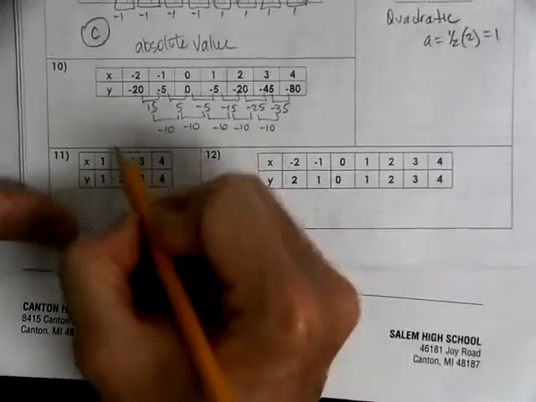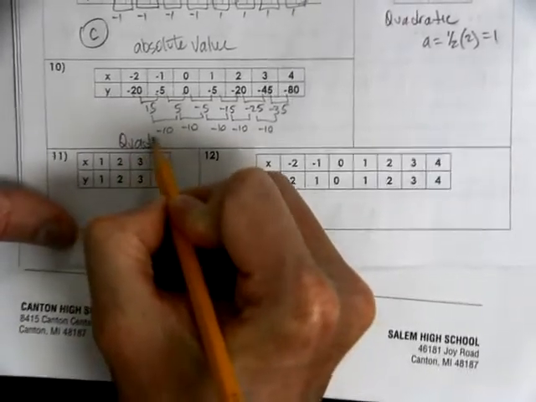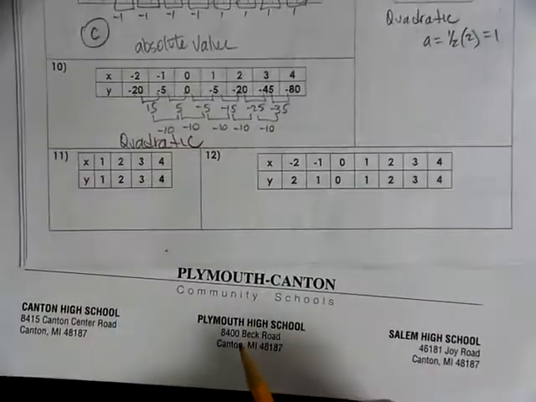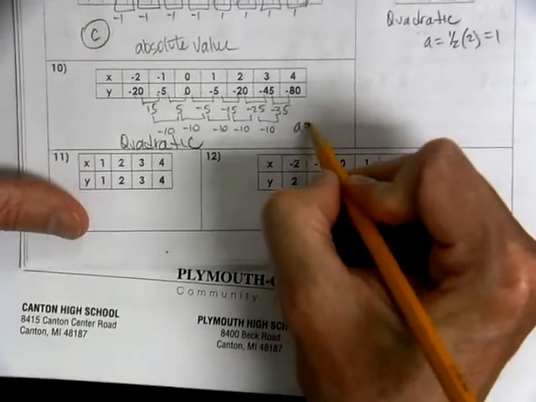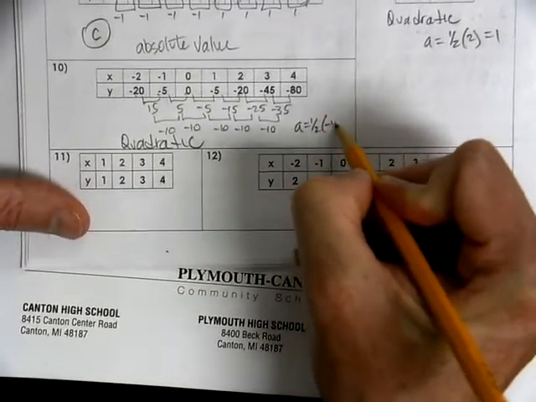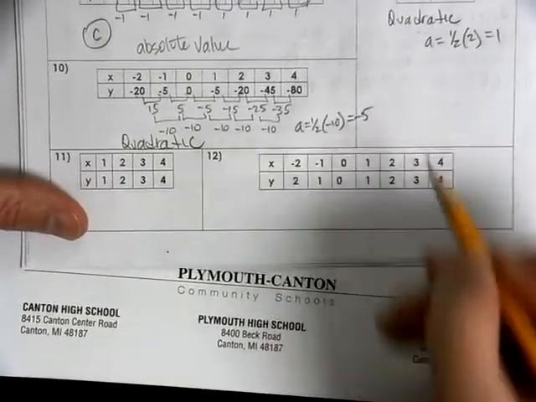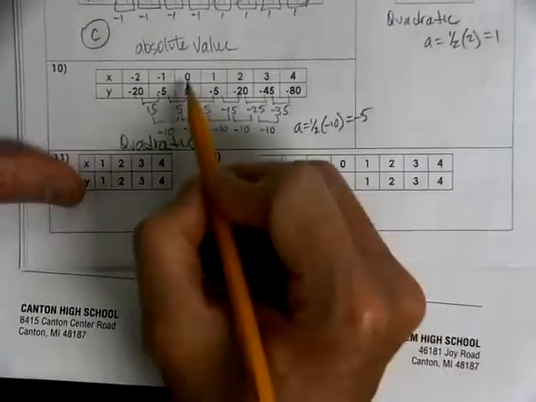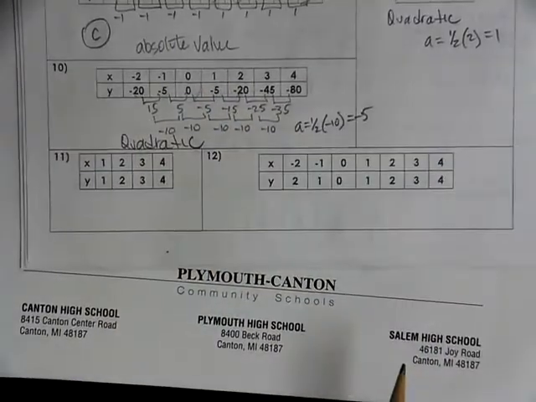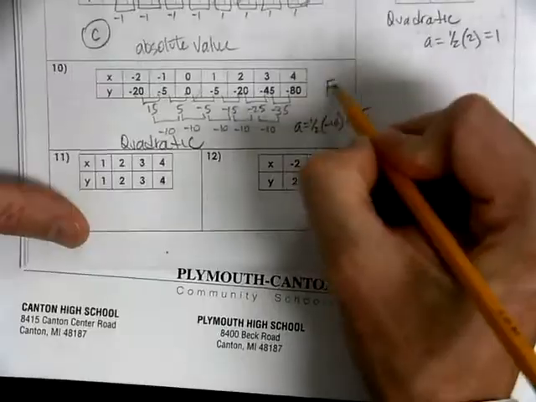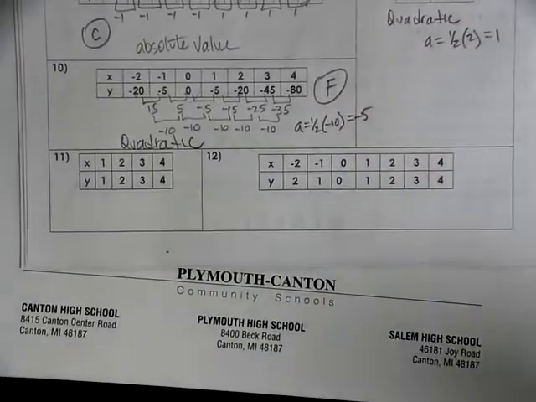So there's our second common difference. This is quadratic. So our a value is going to be half of our second difference, which is negative 5. And our vertex is going to be at 0, 0. So I see this as letter F.